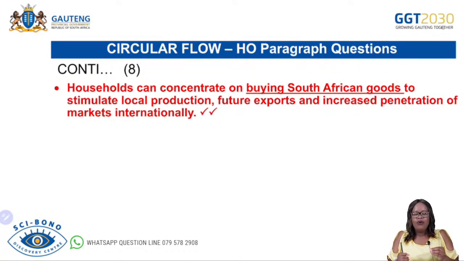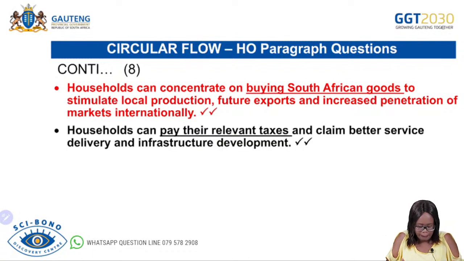Because if we are buying goods and services from our local producers, it means that the demand, as it increases, they will also need to increase their supply. Therefore, the more that they supply, it means that they may also get exposure for them to be able to export their goods and services to other countries and be recognized globally as well.